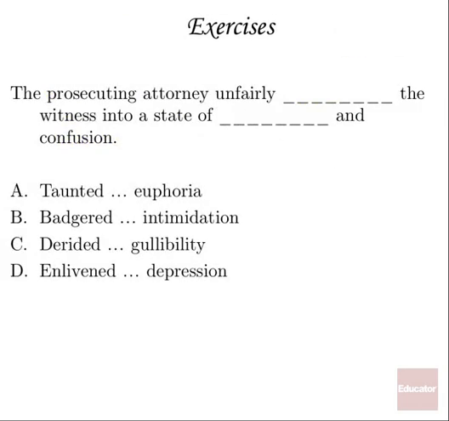The next exercise is going to be on tricky vocabulary, and if you can figure out what goes here and here. The prosecuting attorney unfairly, important keyword, blank the witness into a state of blank and confusion. So I know whatever word goes here, it's going to go with confusion.